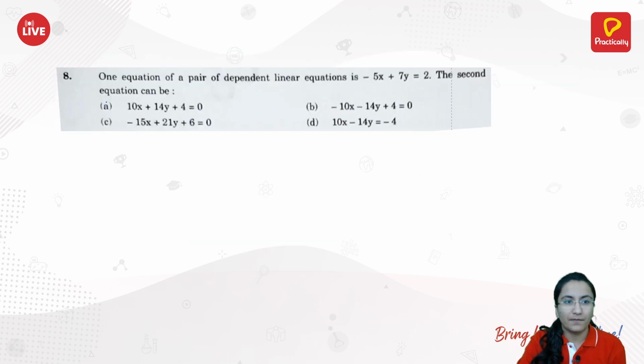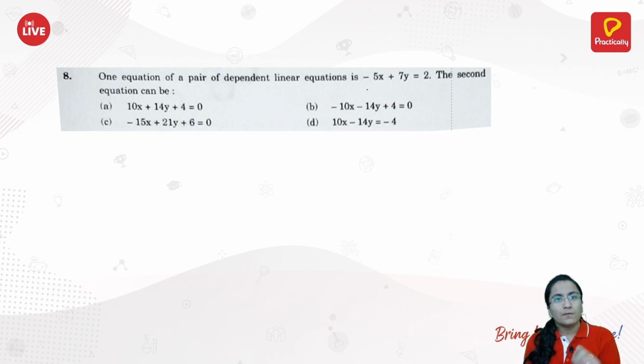Next question you have here is: one equation of a pair of dependent linear equations is this. What can the second equation be? Dependent linear equations means the lines which are consistent. So consistent lines basically means if you multiply this equation with some non-zero constant, you must get the other line.